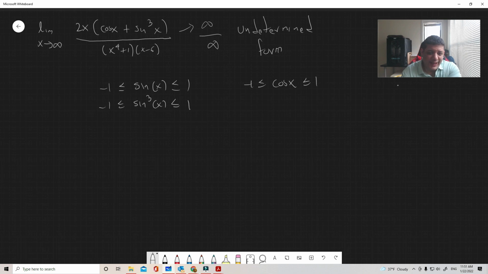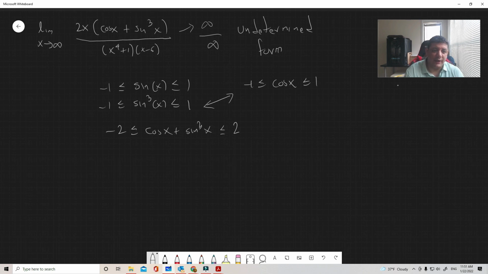So if I add these two inequalities here, I'm going to have that minus 2 is smaller than cosine of x plus sine cubed of x, which is less than 2. So I added these two inequalities. And now I have an inequality for the top.